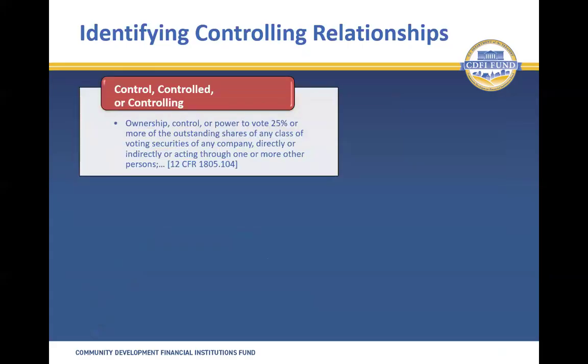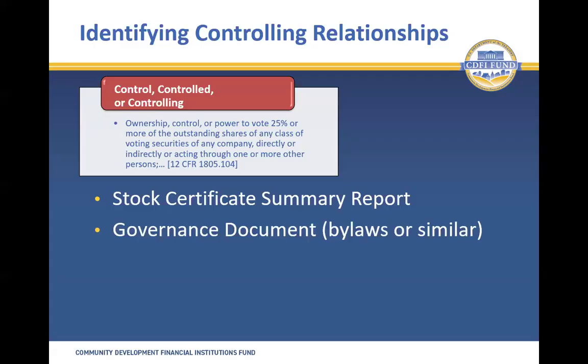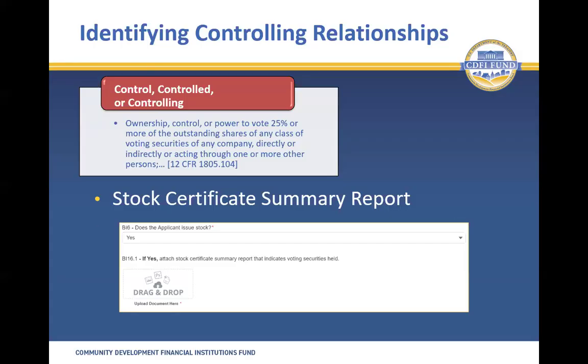For the first condition of control relating to ownership or voting securities, the CDFI Fund evaluates an entity's stock summary report and its governance document. When an organization issues stock, that organization is required to submit their current stock ownership summary report indicating any individuals or entities that own 25% or more of its available voting stock shares.